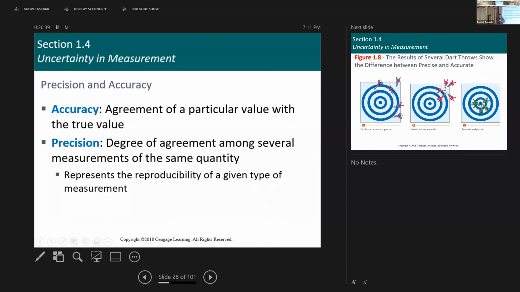So you keep weighing it, but you keep weighing it wrong. There's something wrong with your instrument, but your technique is pretty good because you keep doing the same thing. In the case of a scale, it could be not calibrated. That's totally possible. So you can have measurements that are not accurate, but are precise. And you can also have other cases of measurements, which we'll talk about now.